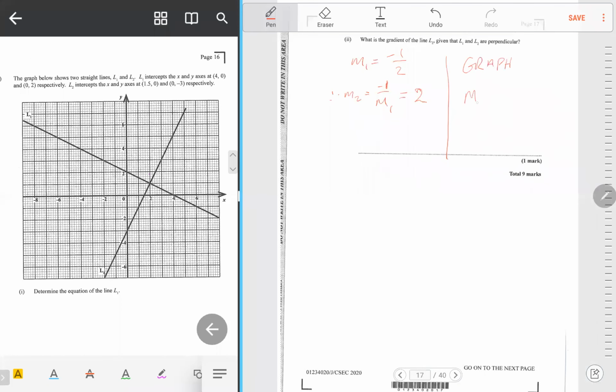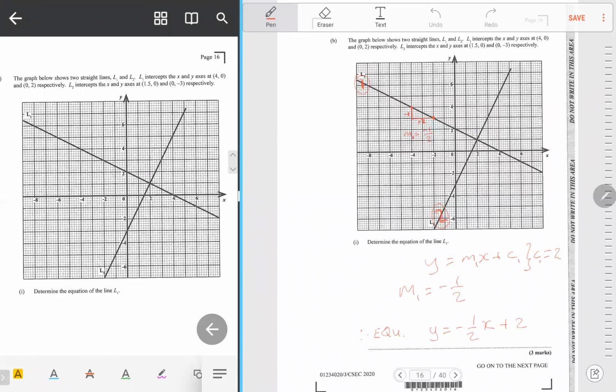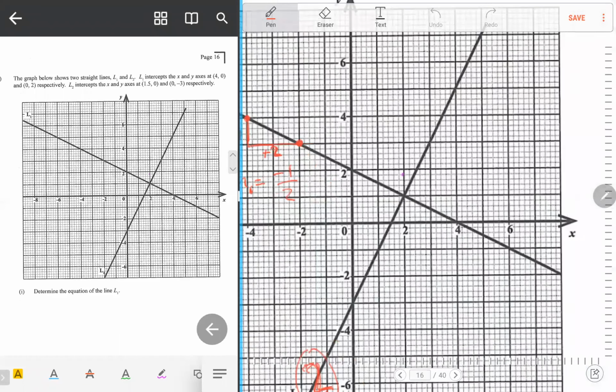So the gradient of line 2 from the graph would be rise from 1 point over run from 1 point to another point. And all you have to do is go on the graph and look and show the markings on the graph for the examiner to see. So let's zoom up again and choose any 2 points on the graph that you know for certain.